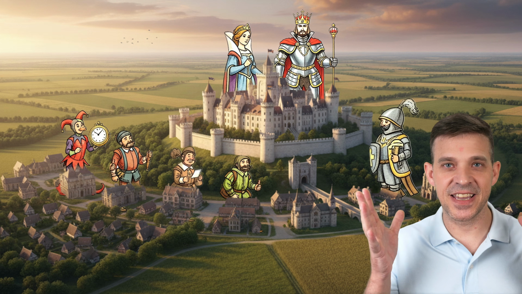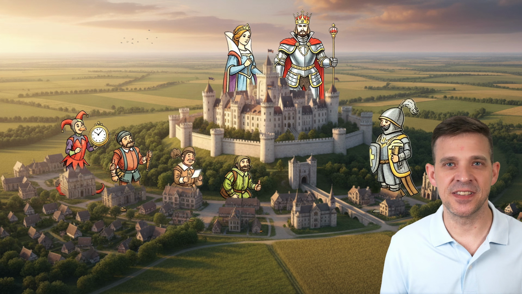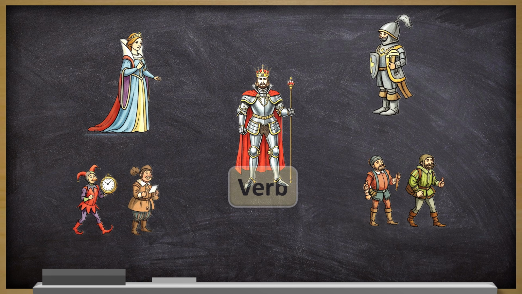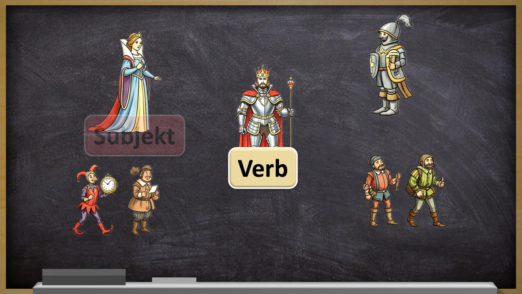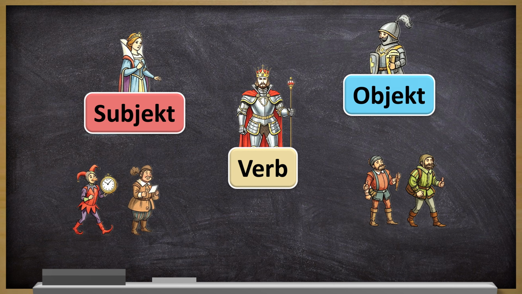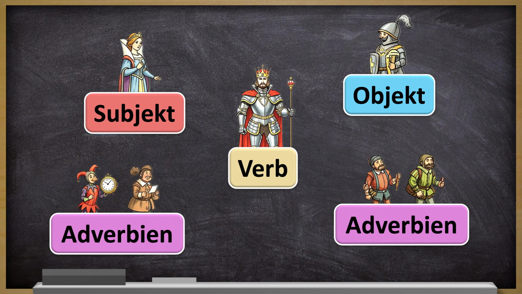So the big question is who is who in this German sentence structure kingdom? The King, der König, is the verb, das Verb. The Queen, die Königin, is the subject, das Subjekt. The Knight is the object, and the advisors are the adverbs, the Adverbien.